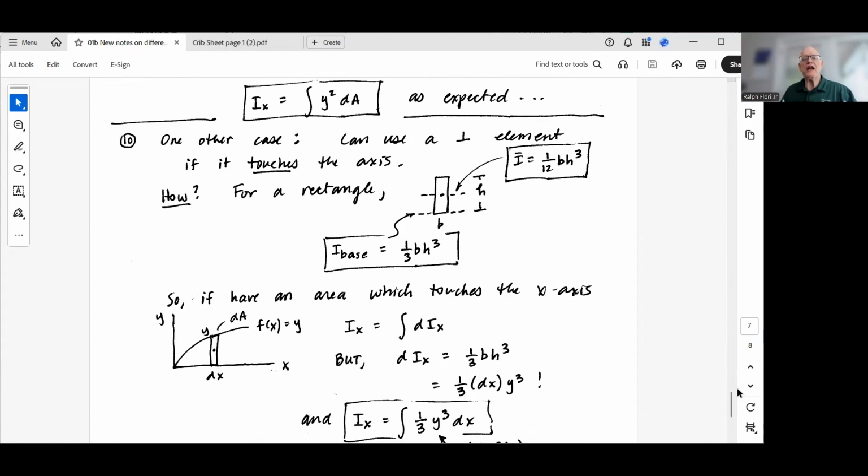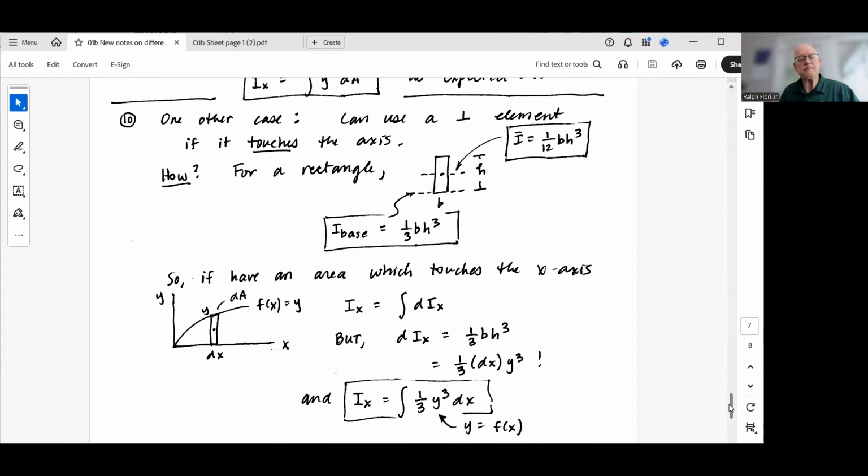There's actually one other case where I can use an element that's perpendicular to the axis of interest. So remember, for a rectangle, I bar is 1/12 bh cubed. Well, a rectangle's area moment of inertia about its base is 1/3 bh cubed.